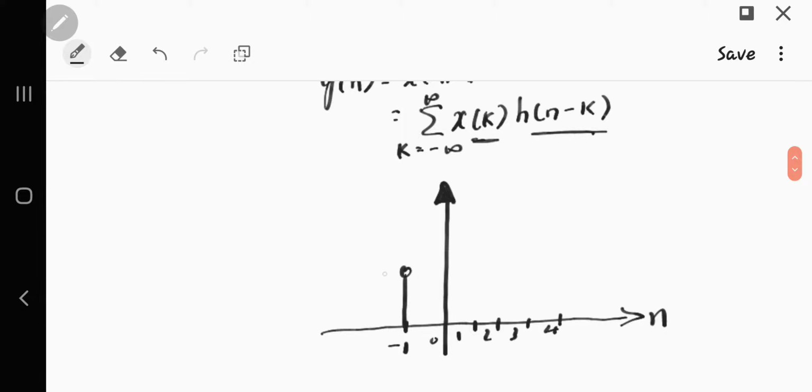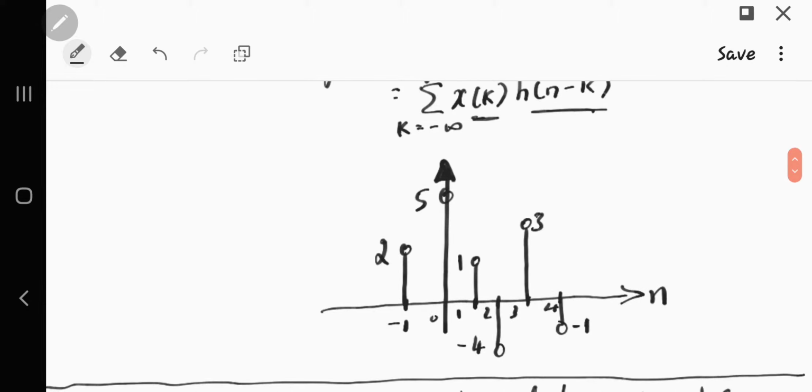At -1 you will get 2, and at the origin you will get 5, and at index 1 the amplitude will be 1, and at 2 we'll get a sample with amplitude -4, and at 3 you'll get a sample with amplitude 3, and at 4 you'll get a sample with amplitude -1. So this is the end signal y of n. You can verify with your answers whether it is right or wrong. So this is the second problem solution for you.